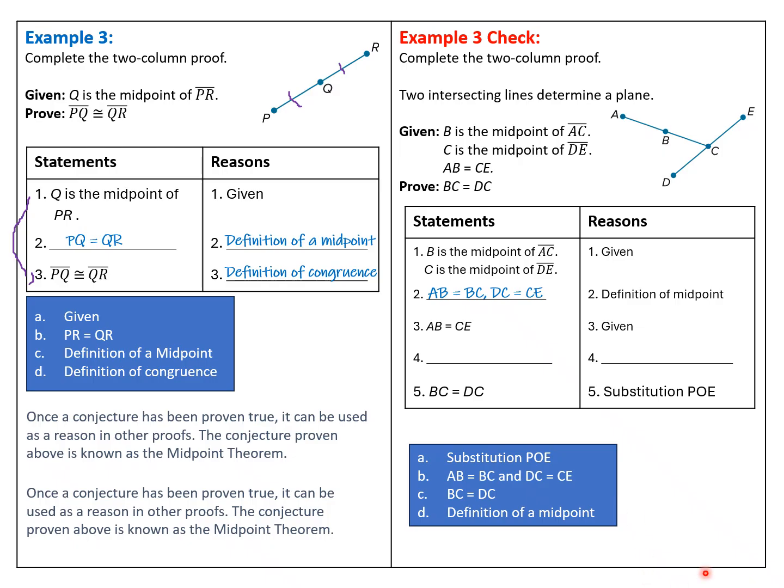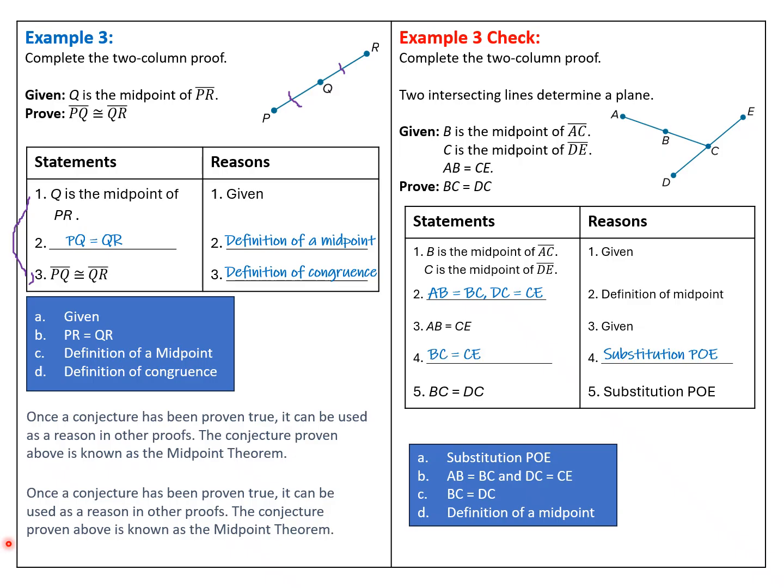So where can we go from here? We're trying to get to BC equals DC. Well, I should be able to do some substitution here. If AB is equal to CE, I now know that BC is equal to CE by the substitution property. And what would be the reason there? We just said it.